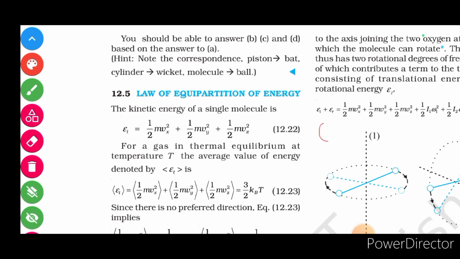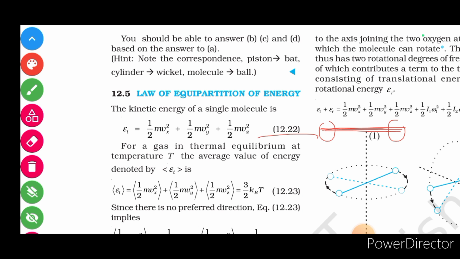Similarly, if I have 2 particles, how many coordinates will I require to specify their positions? You see here they are related, the distance between them is constant. There is a relation between them. If I move this, this will automatically move.